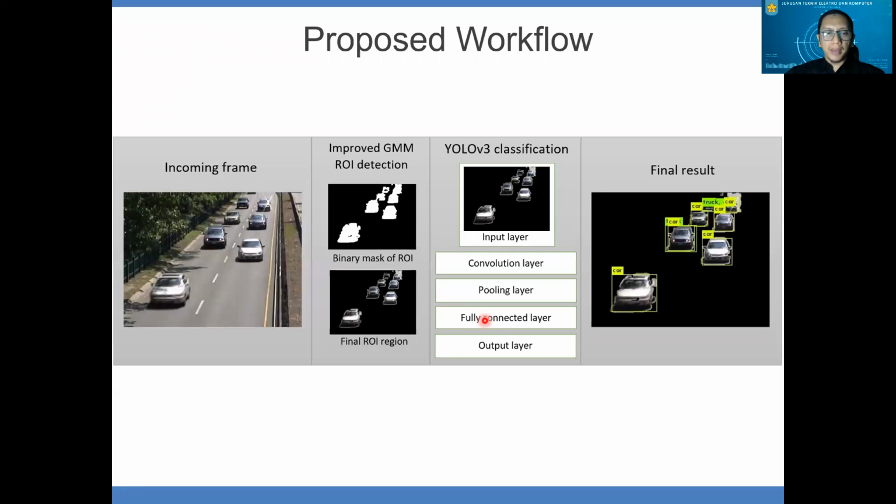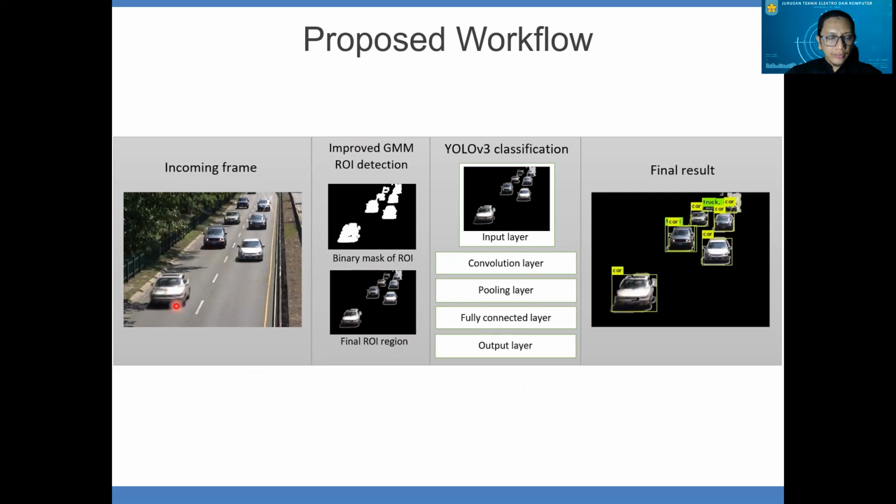And this is the proposed pipeline, because we would like to let YOLO only classify the moving objects. First, when we have the incoming frame, we use the improved GMM, and it will output the final ROI region.